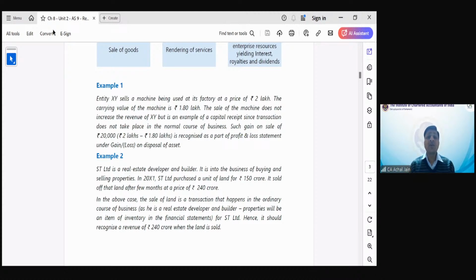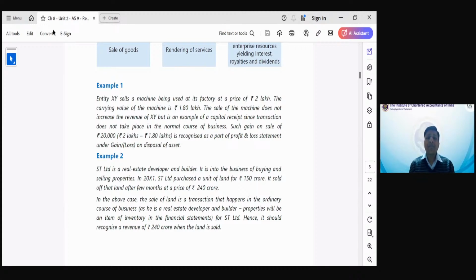AS7 construction contract will apply. No, construction contract will apply when the contract involves significant period of time. Please go back to AS7. So it's a good point you have picked up. When the contract involves significant period of time.